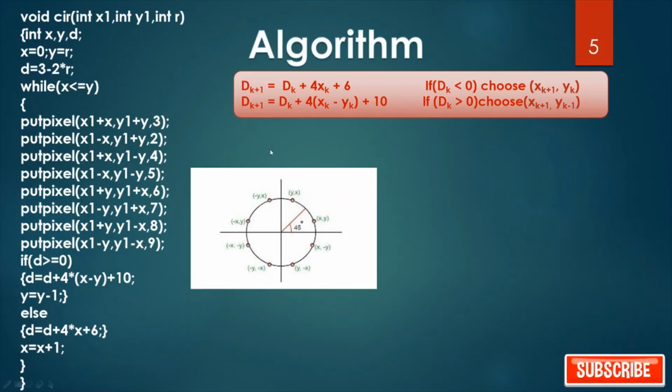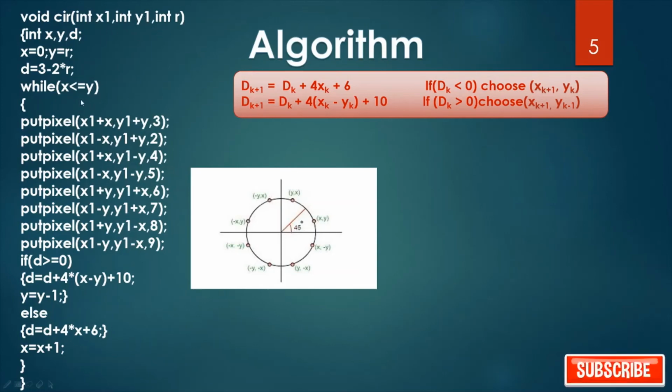Now we have 8 combinations: plus x plus y, minus x plus y, plus x minus y, minus x minus y, and so on. In this way you have 8 combinations. The center of the circle is x1, y1.